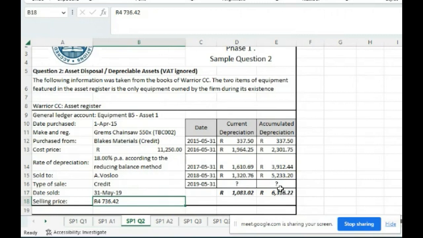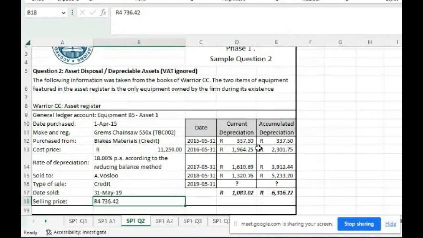That is not exactly part of the question that you have to complete on the answer sheet, but you do have to calculate these first before you are able to continue with the question.